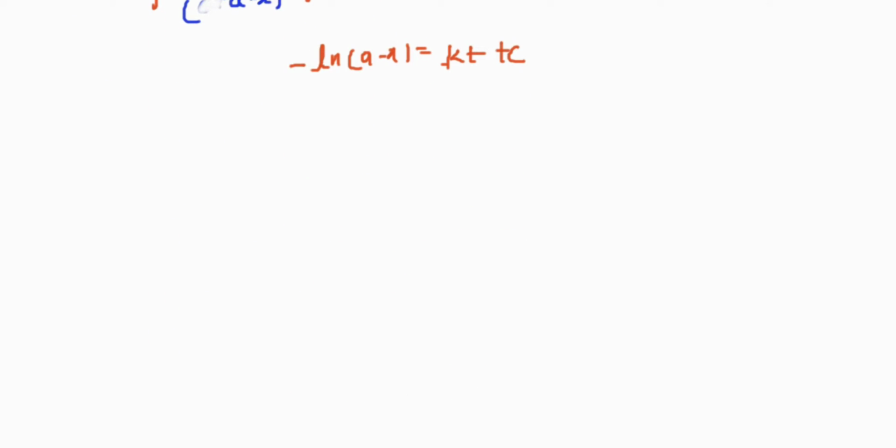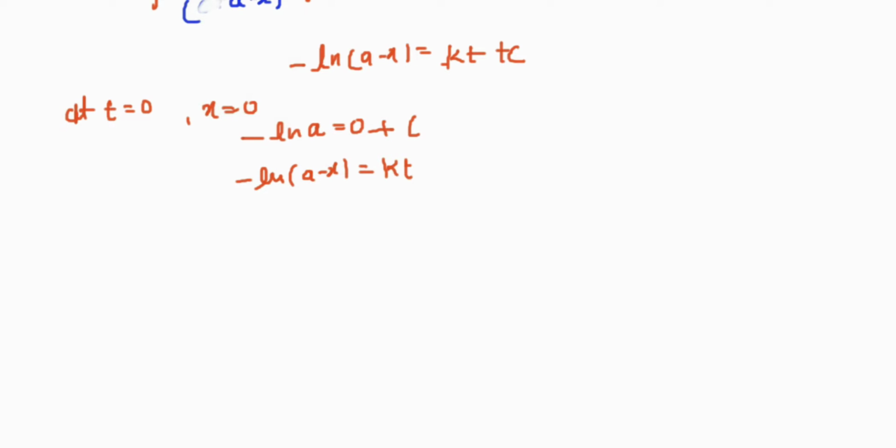Now we know at t equals 0, x is 0, so minus ln a equals 0 plus c. So minus ln(a minus x) equals kt minus ln a. So ln a minus ln(a minus x) equals kt.